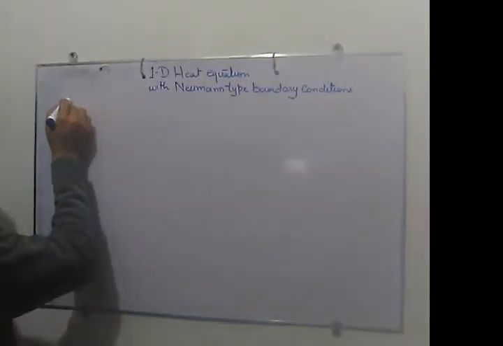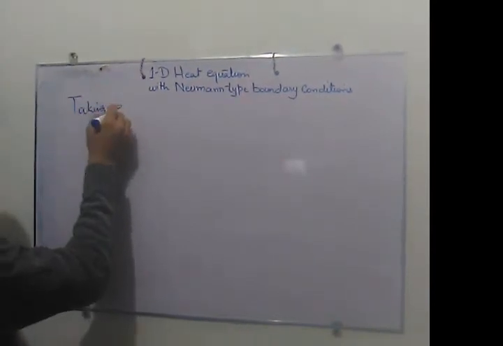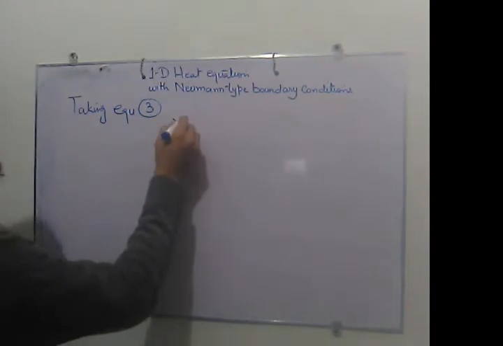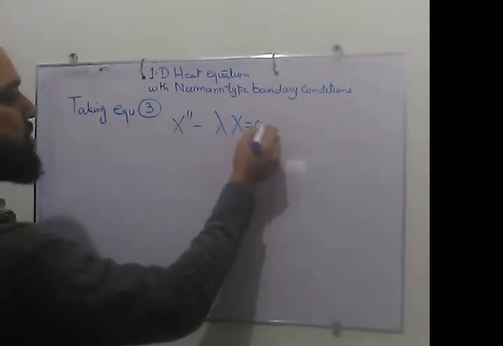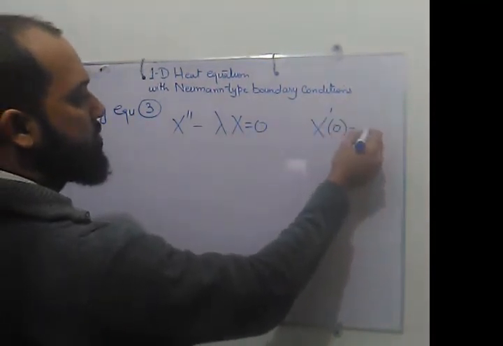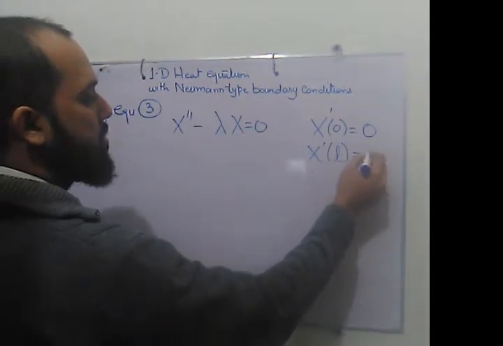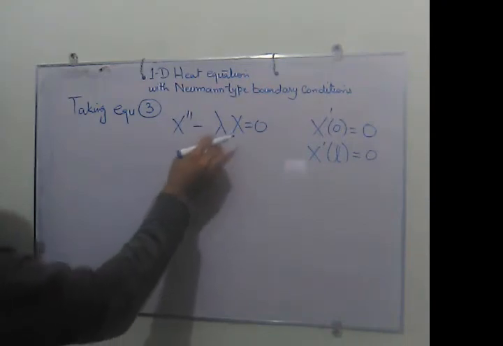Now taking equation number 3, which was X'' minus lambda X is equal to 0, and the boundary conditions we have got are these. This equation depends on the value of lambda.